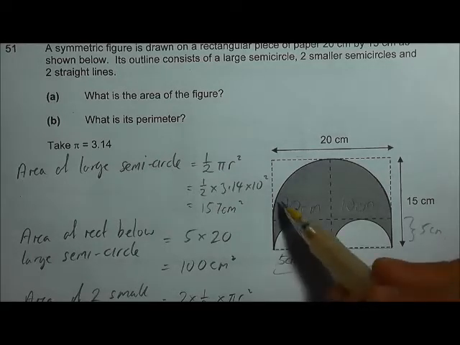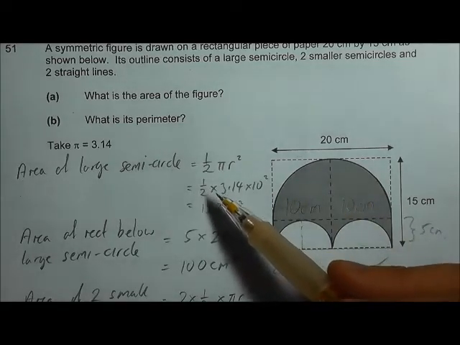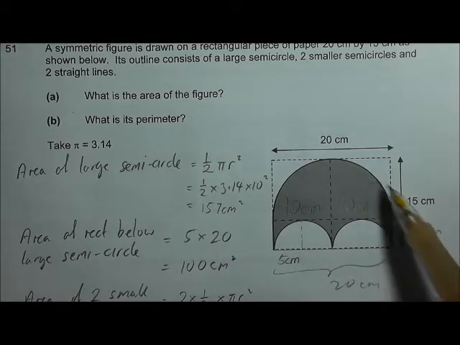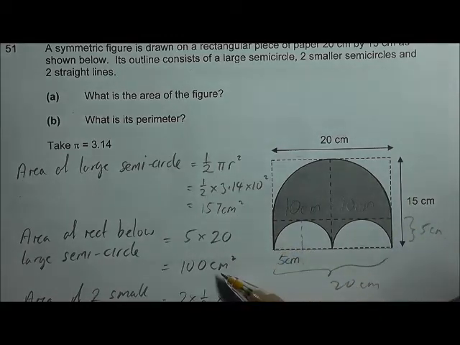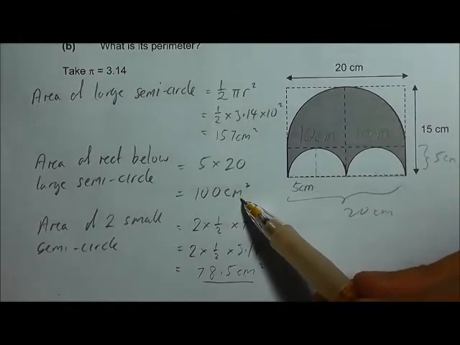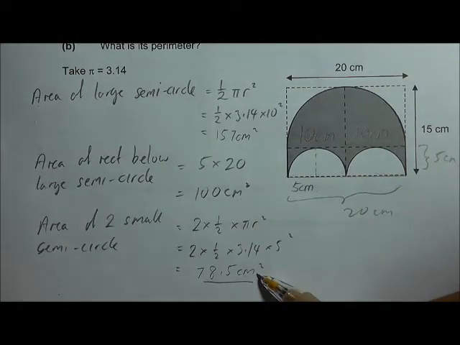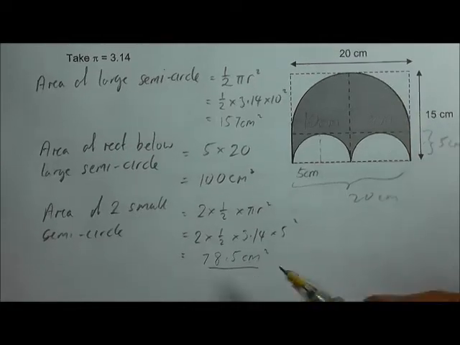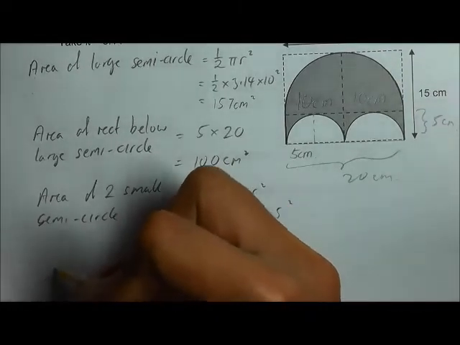Okay, and to find the area of this figure, it will be the area of the big semicircle plus the difference of these two, the rectangle minus the area of the two unshaded semicircles. So you can answer the question now.